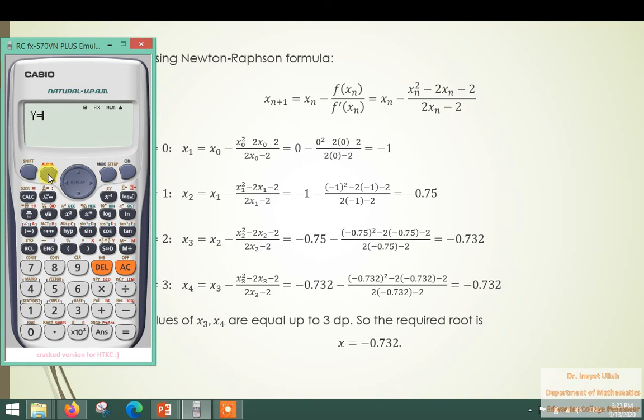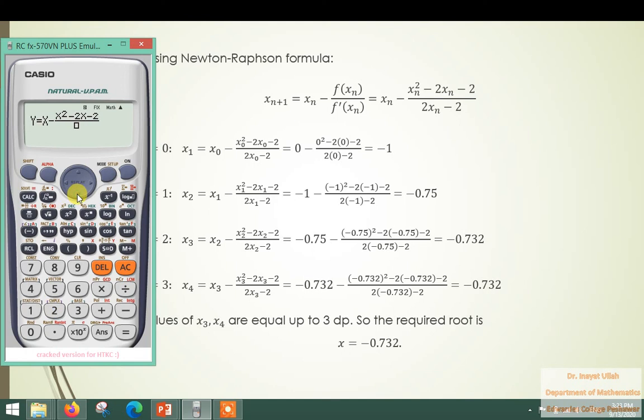So right here: x minus x square minus 2x minus 2, that is in the numerator.